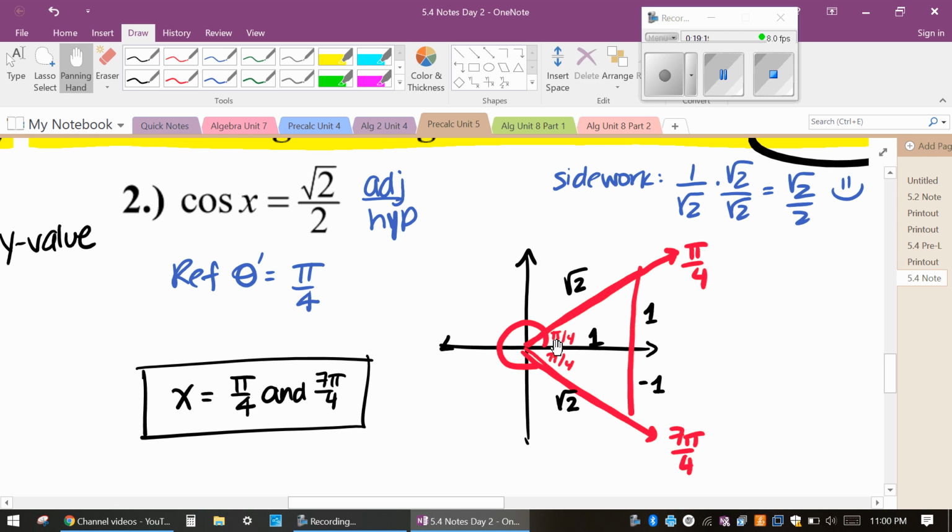So adjacent over hypotenuse for pi over 4 is 1 over root 2, which rationalizes to root 2 over 2. That's what the problem wanted. Or 7 pi over 4, adjacent over hypotenuse is still going to give you 1 over root 2, which rationalizes to root 2 over 2. So both of these angles are the ones that are going to give me a cosine that's positive root 2 over 2.